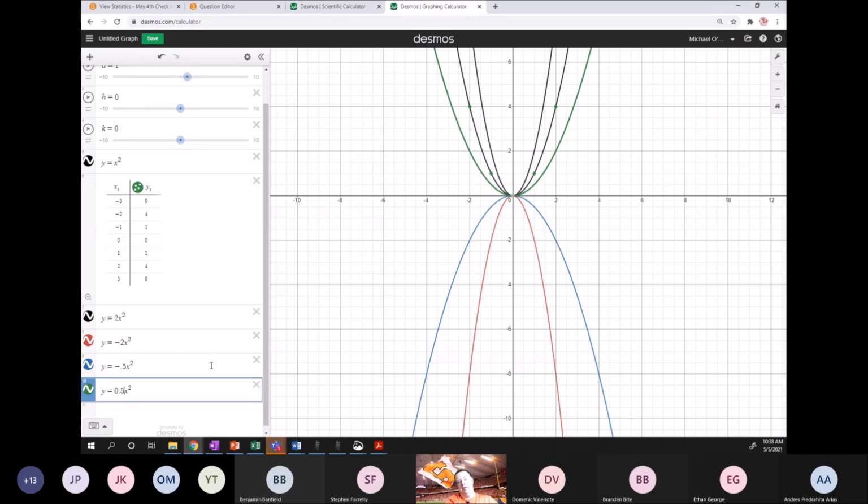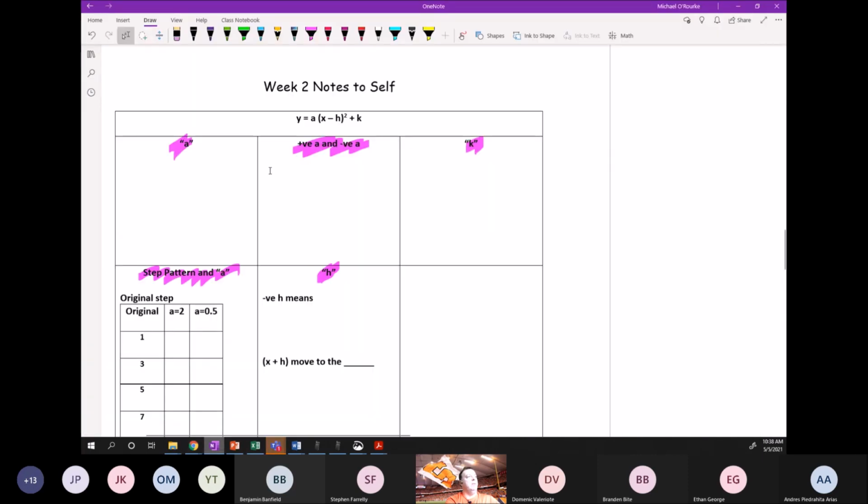The parabola flips. Good. So a negative a value will make it open down, right? A positive a value, it opens up. Let's go back to our notes to self here. So the a value tells you whether or not it opens up or down, the positive or negative aspect of the a value.